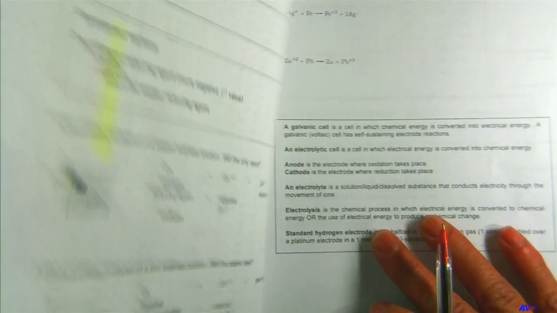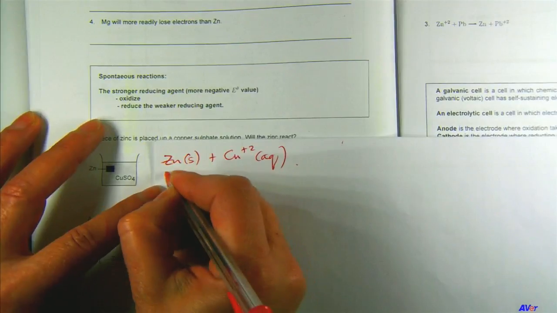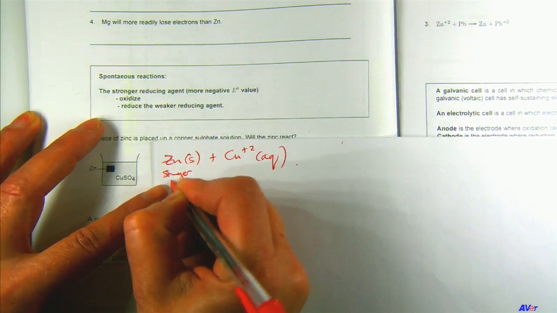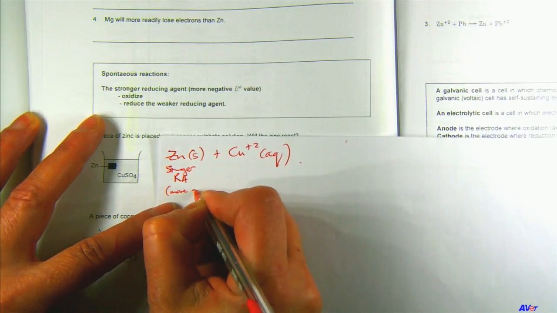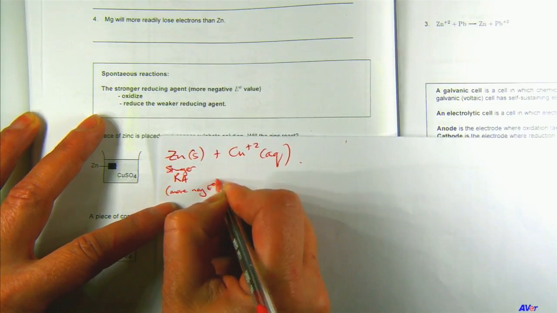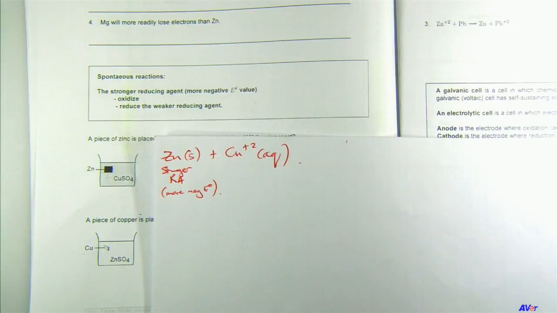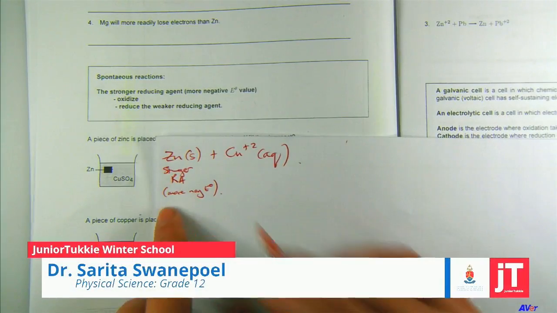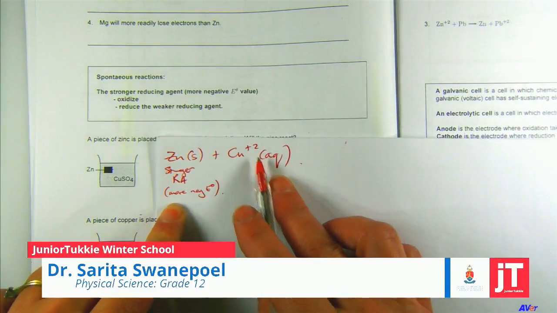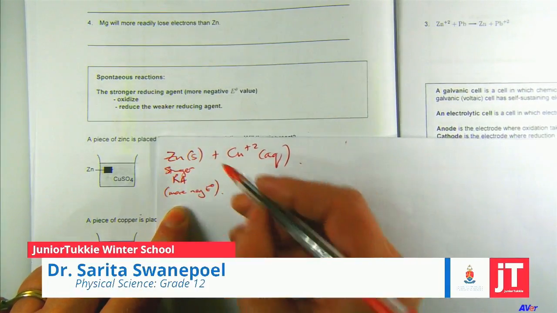So we're going to say zinc is the stronger reducing agent because it has got the more negative E0 value. Right. So what does that tell you? A stronger reducing agent will fight harder to oxidize. Remember, reducing agent, oxidize. So who's fighting harder to oxidize? This one. So the zinc is stronger.